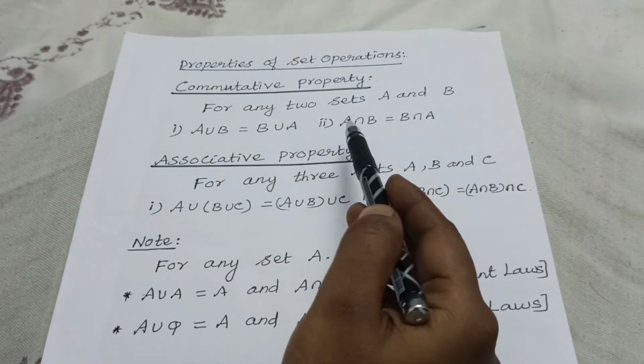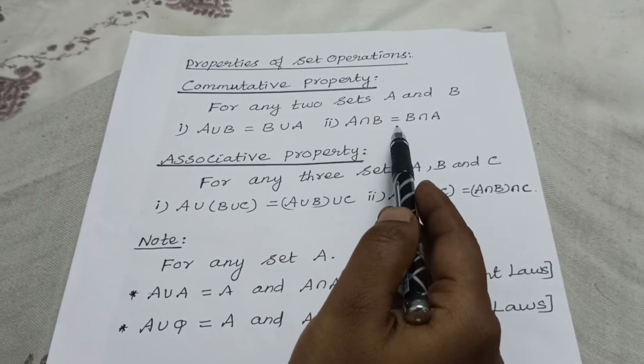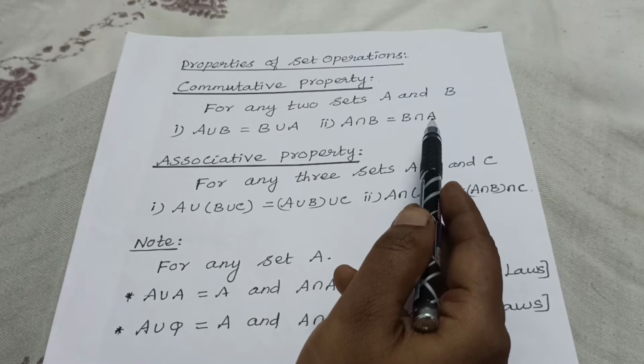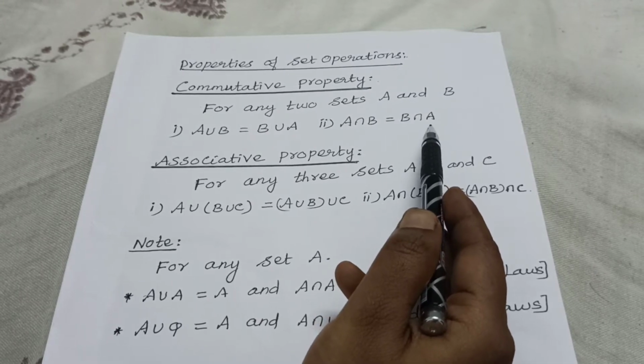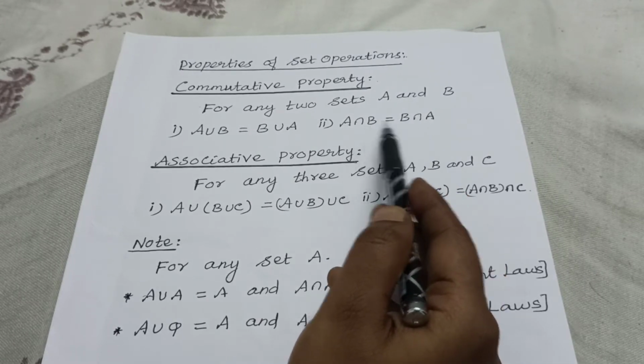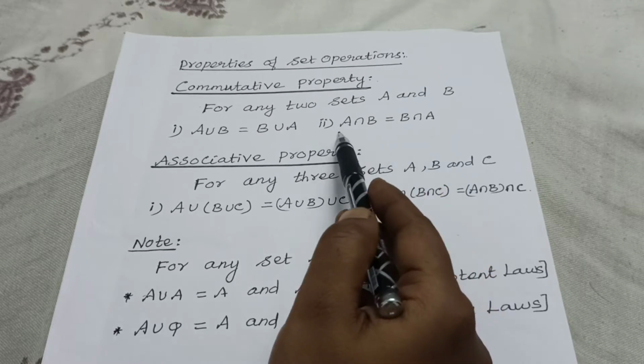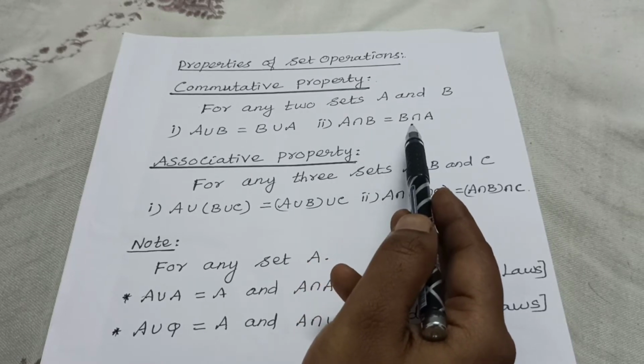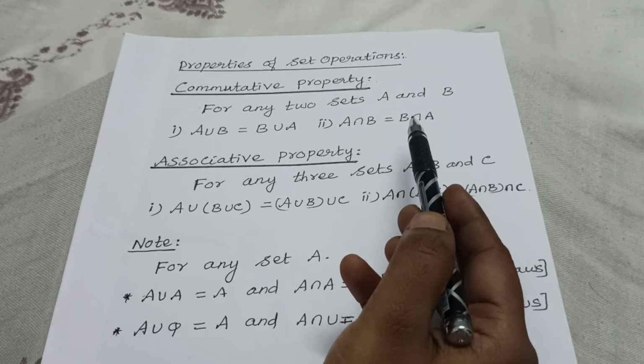Then second one, A intersection B is equal to B intersection A. This is the intersection property.